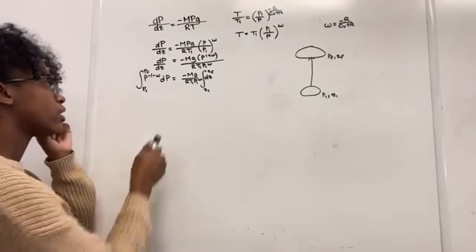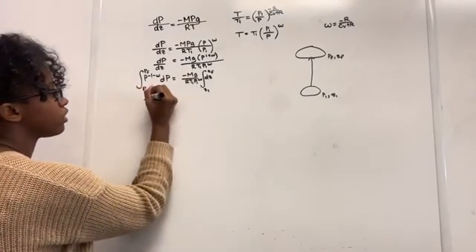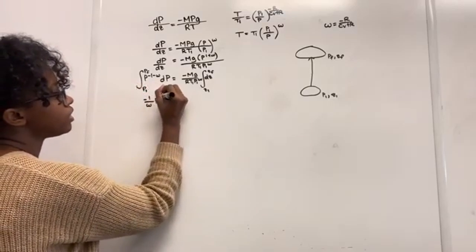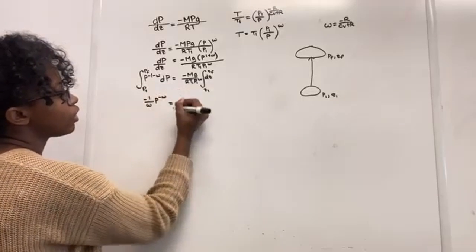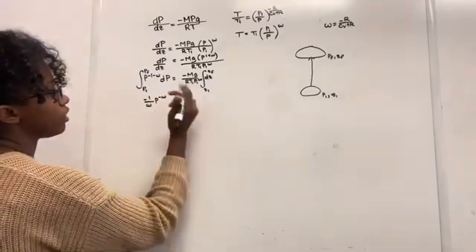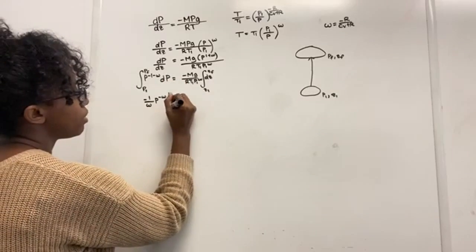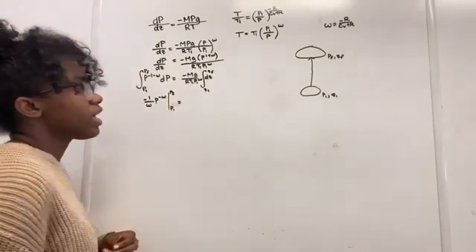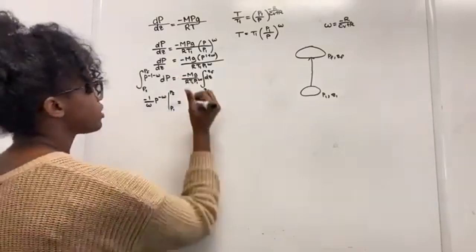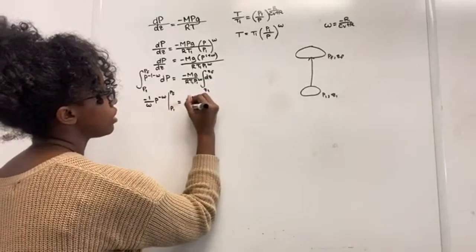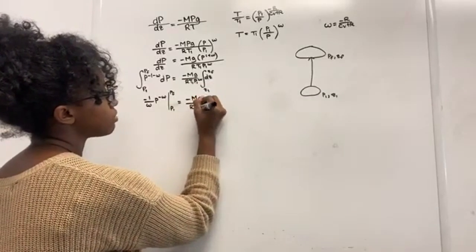And so from here, this integral leaves us with -1 over omega times P to the negative omega, which we have to actually evaluate from P1 to PF. And then that's equal to the right-hand side, which is still our constants, -m times g divided by r times T1.